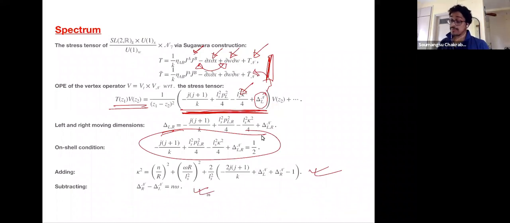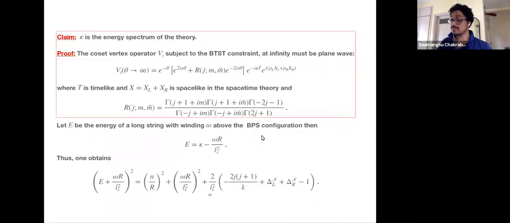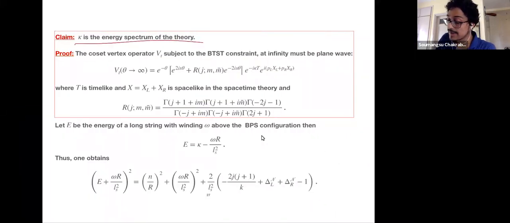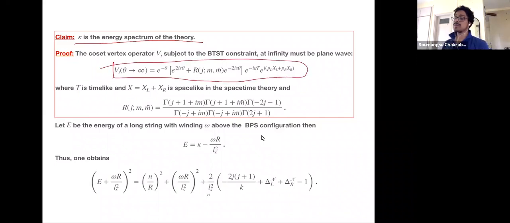I'm going to claim that this kappa is the energy spectrum of the system. How do I do that? I take the full vertex operator, and I know that if I take the radial distance to infinity, it should give me a plane wave in the transverse directions. I also impose the BRST constraint.